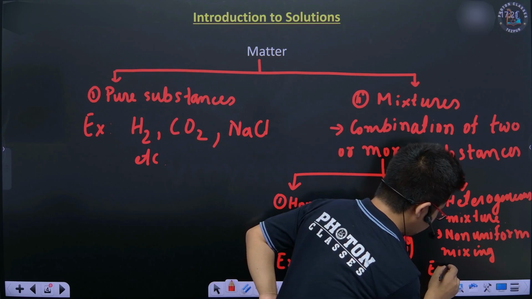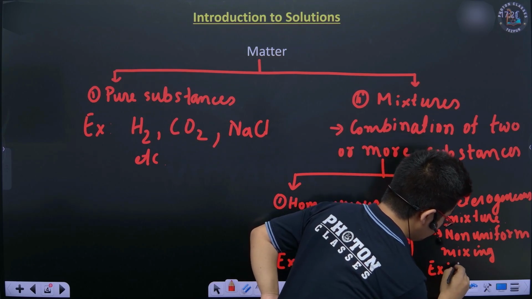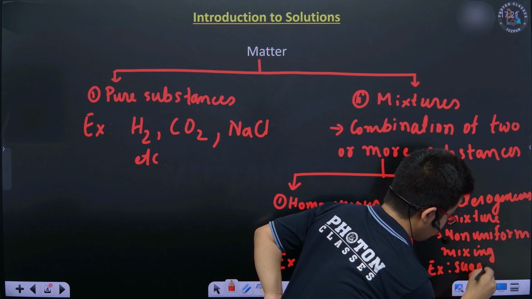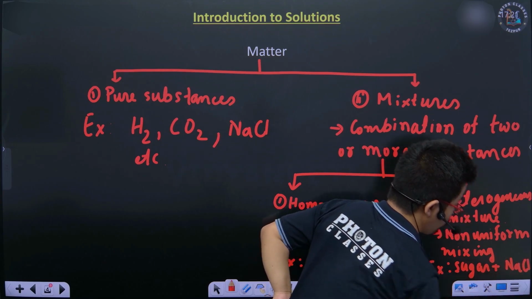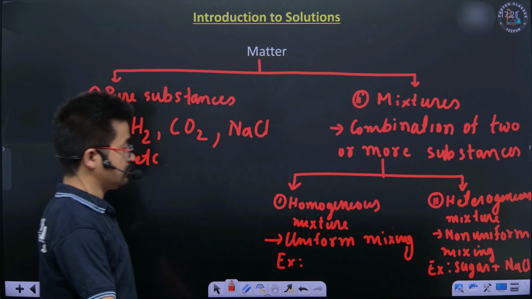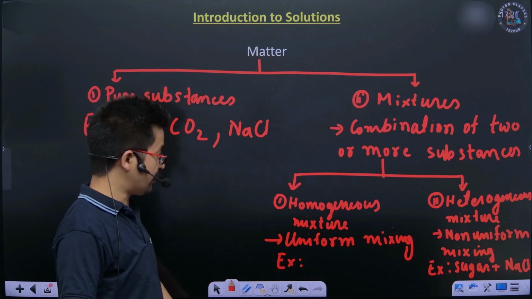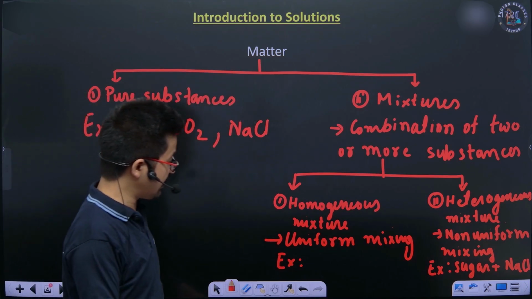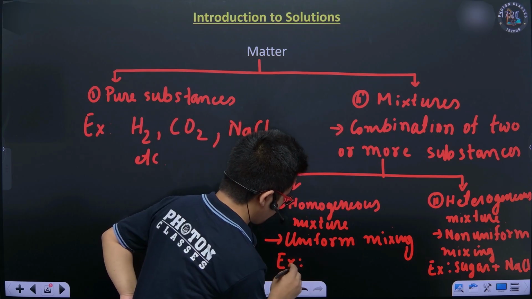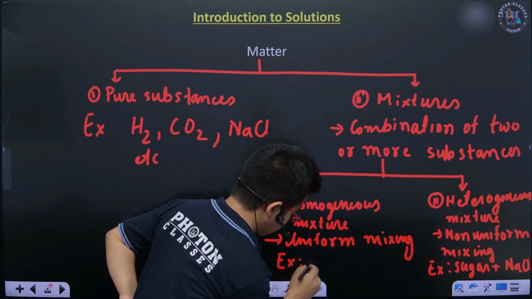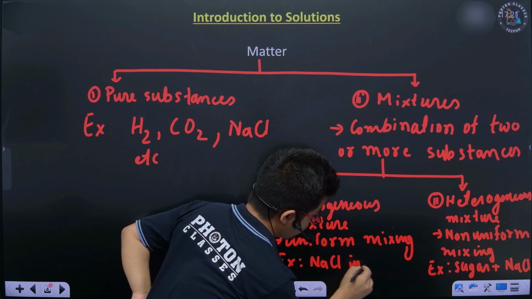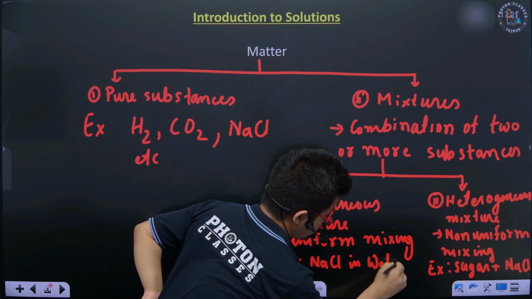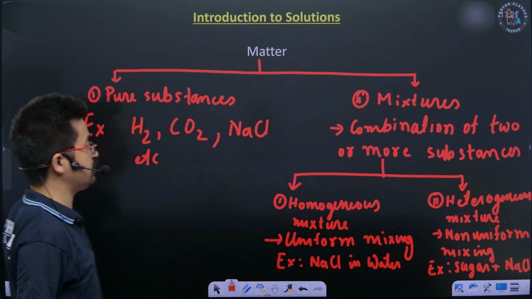Here, a mixture of sugar, that is sucrose, and NaCl: if you mix these two components, they won't mix uniformly. So this is an example of a heterogeneous mixture. Similarly, as I have told you, NaCl in water is an example of a homogeneous mixture.